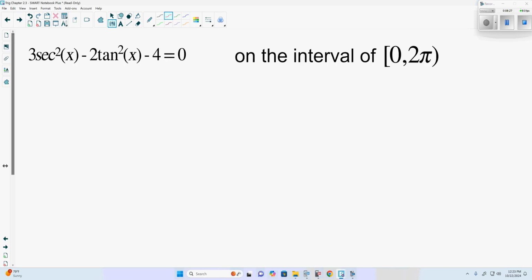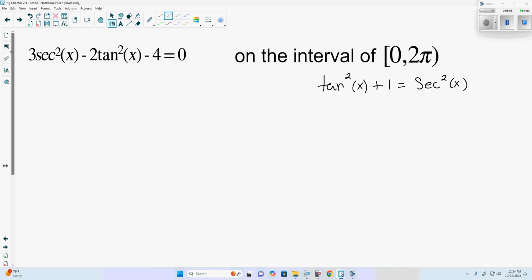And the reason I say that is because we're going to be using our Pythagorean identity. Because we have that tangent squared plus 1 is equal to secant squared, or we have that secant squared is equal to tangent squared plus 1. So no matter how we want to convert this, we can use either one.